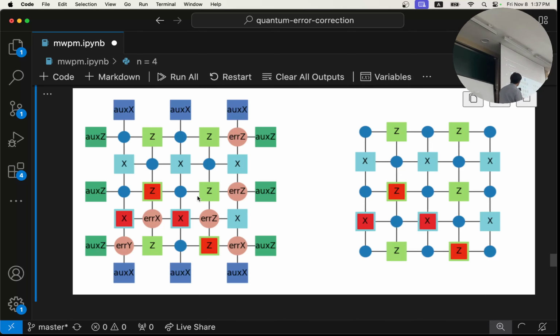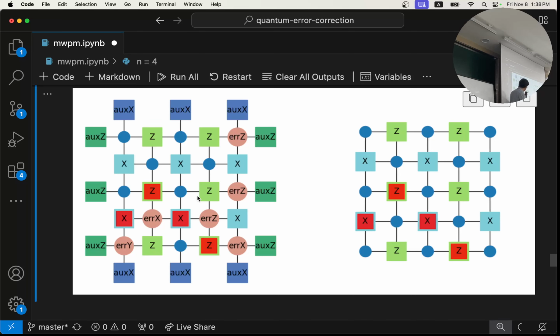Now, the problem is there are more errors on more data qubits. So think about this one. This one has X error because it's a Y error. The X error makes the Z stabilizer switch its read off. Now, let's say all the read offs of the stabilizers are 0 at the beginning. Because of this X error, it switched the read off here.